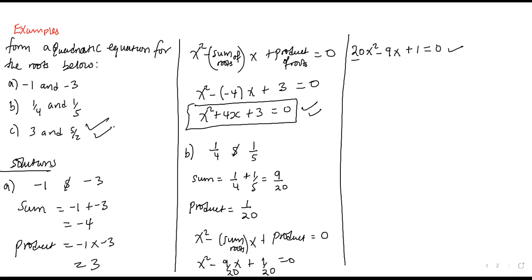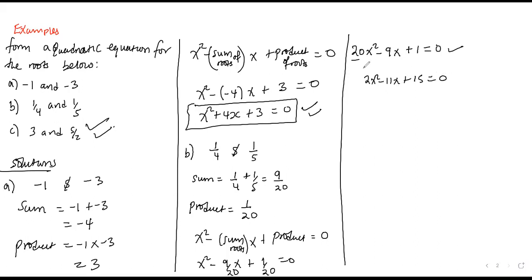2x squared minus 8x plus 15 is equal to 0. Any other person with something different? 2x squared minus 11x plus 15 is equal to 0.